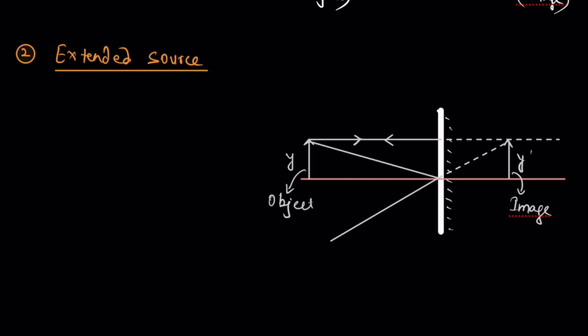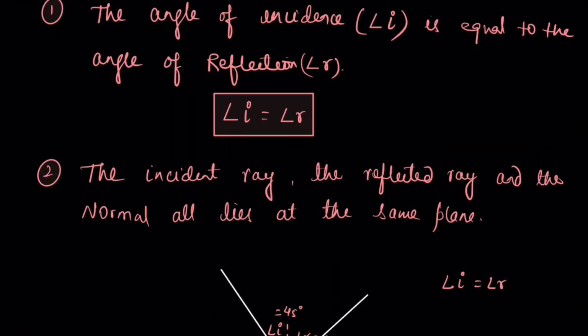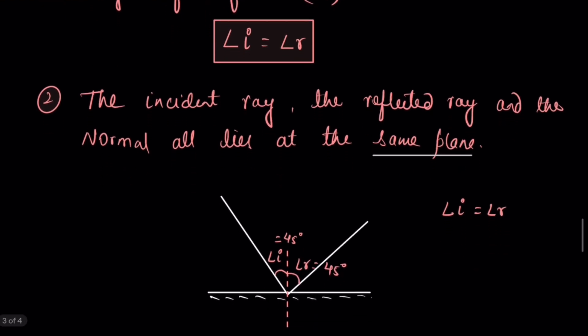Before I move ahead, I just want to explain one thing. In the second law of reflection, there is a term called same plane. What is the meaning of same plane? Same plane means if you have an x-axis and y-axis plane, all the incident ray, reflected ray and the normal will lie in the same plane.